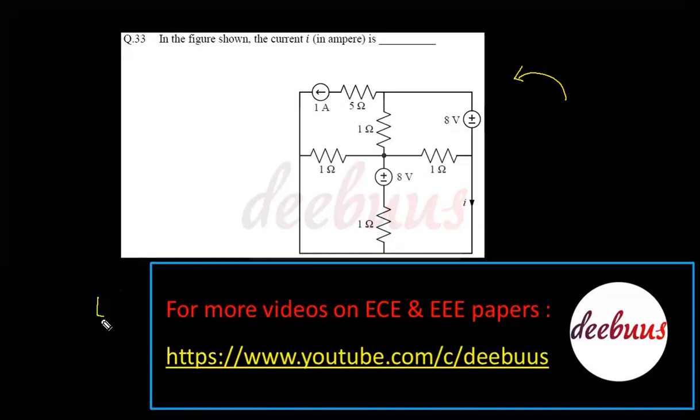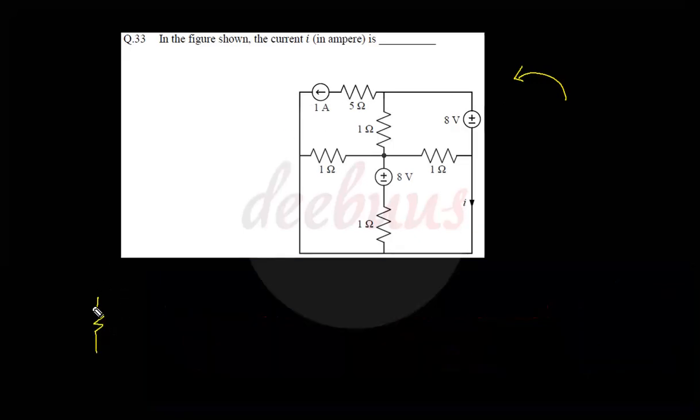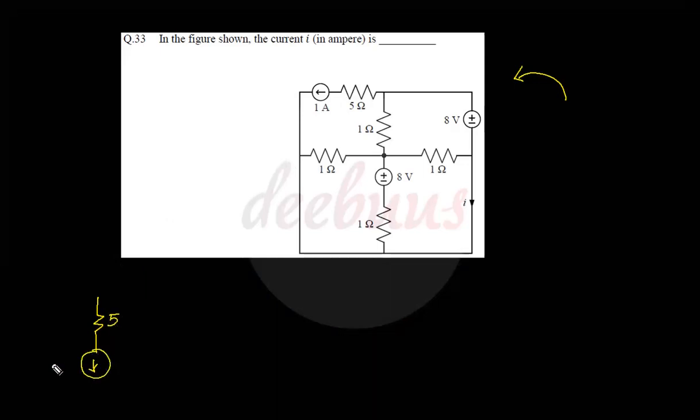At this side you can see a 5 ohm and a 1 ampere current source here. Next it's connected to a 1 ohm, and again at this point another 1 ohm downward.